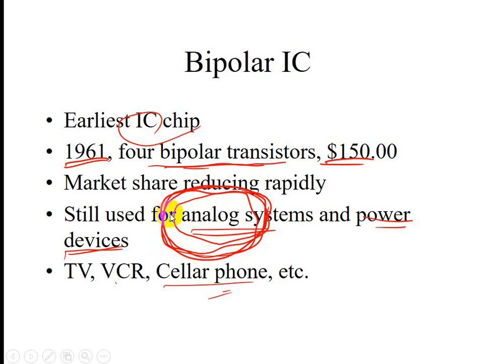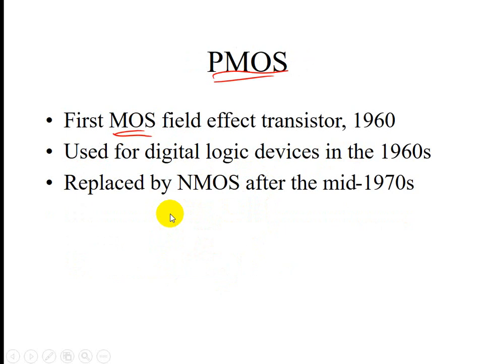But the MOS system doesn't have power amplification properties, it only serves as a switch, so you can only have 1 and 0 signal coming in and out. So this is only good for use as a digital logic device.